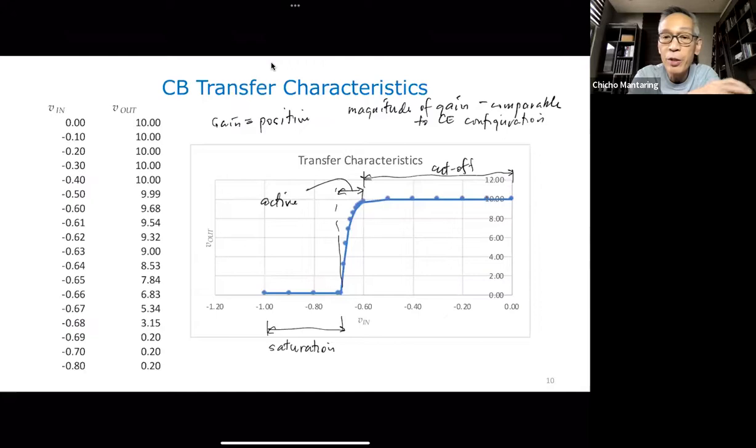In terms of gain, they have about the same gain, and the difference that you now know is the sign of the gain. One is positive and the other is negative. Okay. Any questions with regard to the common base?